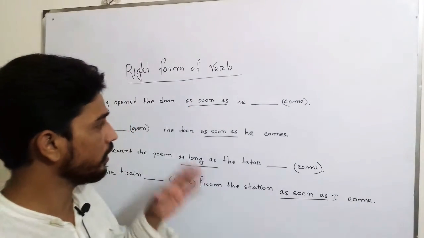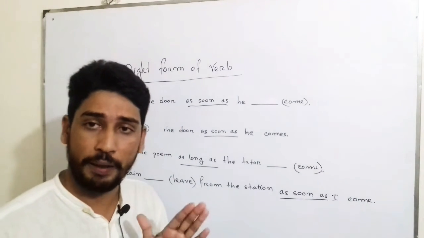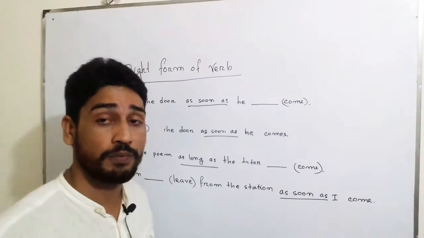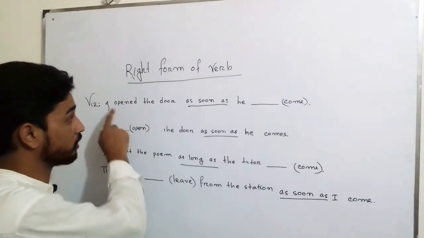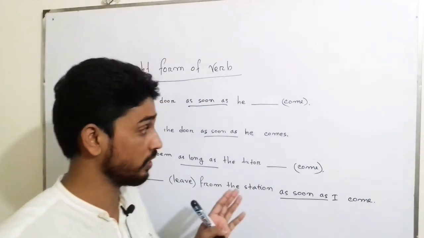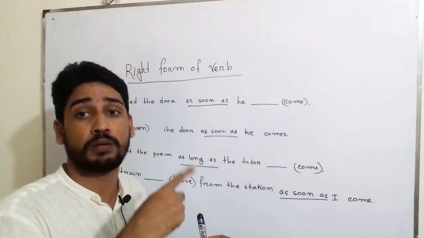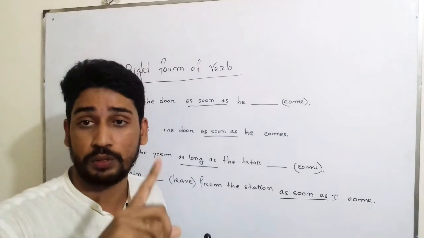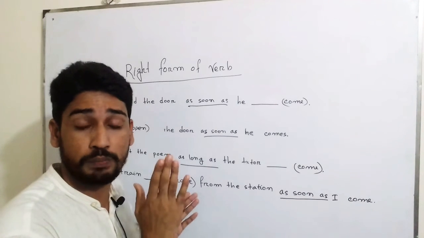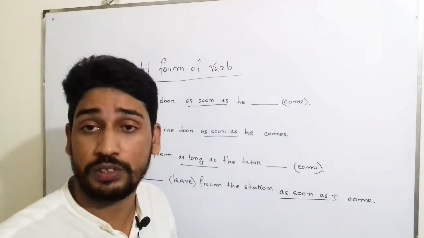We know in any sentence, if you find as soon as, as long as, till, or until, you will have to remember that if one part is past indefinite, the other part will be past indefinite. But if you find one part is present indefinite, the other part will be future perfect tense. And if you find one part is future perfect tense, the other part will be present indefinite tense.